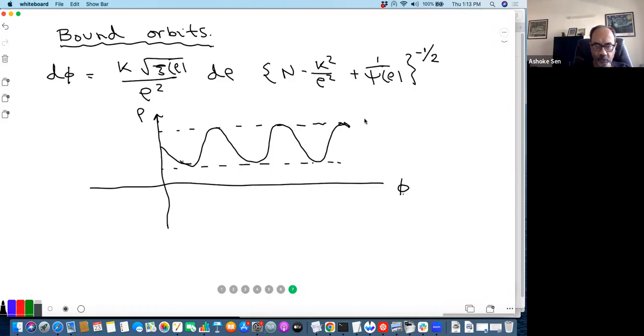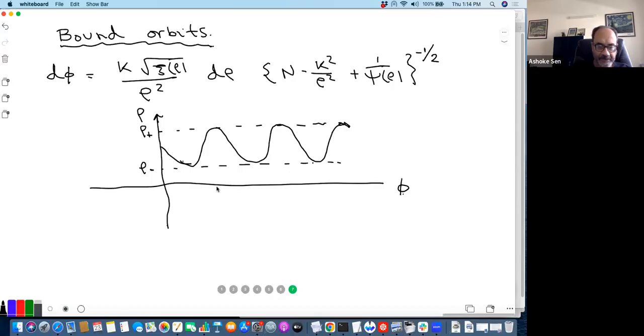This one I'll call rho plus, and this is rho minus. So as phi increases, rho oscillates.